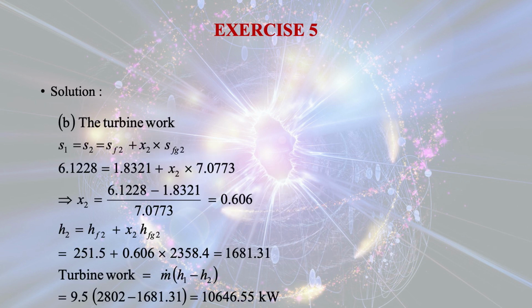The turbine work. First of all, we have to calculate the dryness fraction. I have already mentioned how to calculate the dryness fraction, but for this case X2 is equal to 0.606, and enthalpy at state 2, that is H2, you can calculate once you know the dryness fraction. For this problem, H2 is equal to 1681.31, and the turbine work you can calculate on the basis of this formula, m dot multiplied by H1 minus H2.